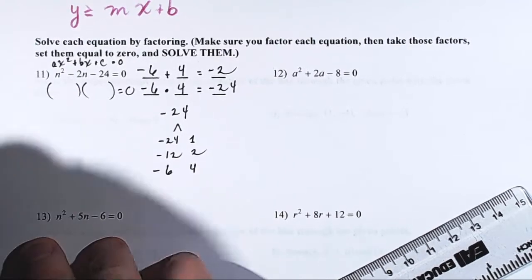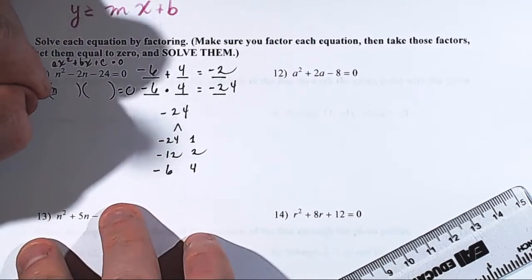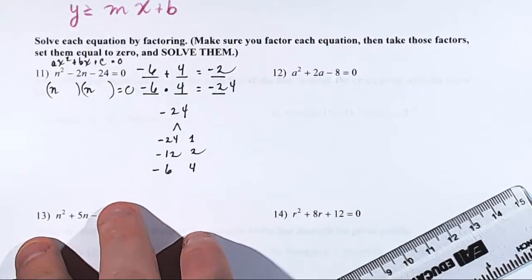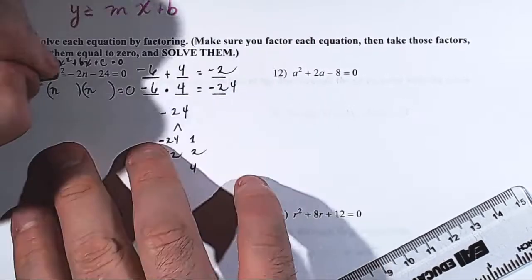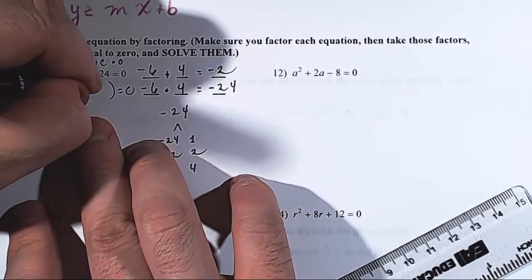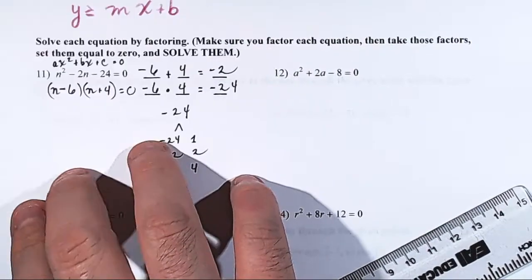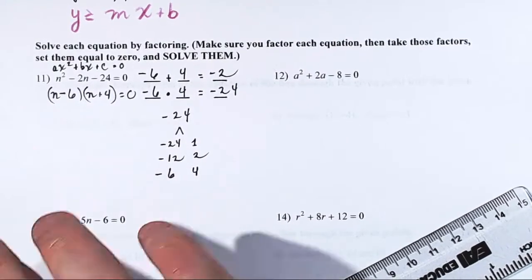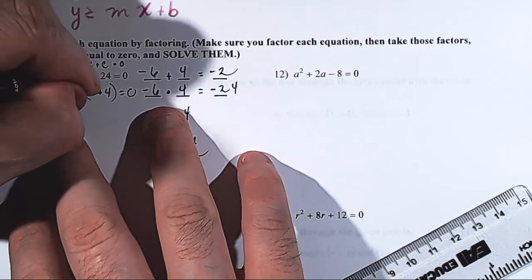And inside, we will put our factors: n minus 6, n plus 4, and they're equal to 0. Make sure that plus symbol is clear.